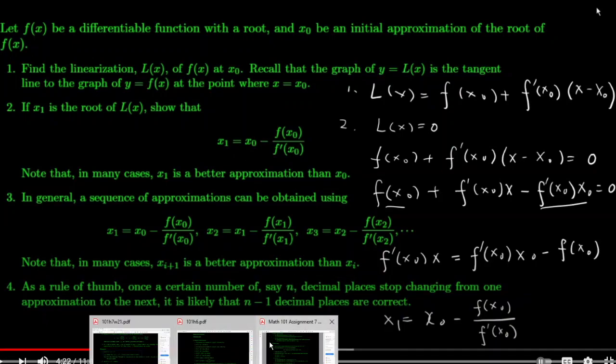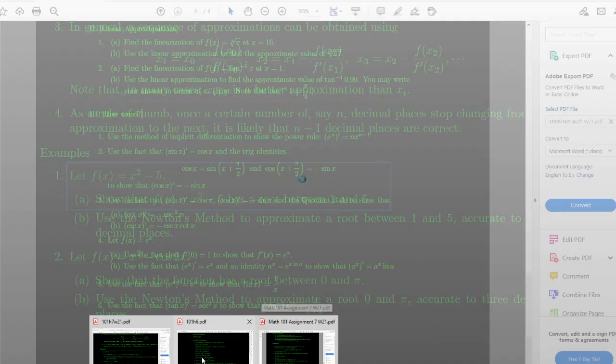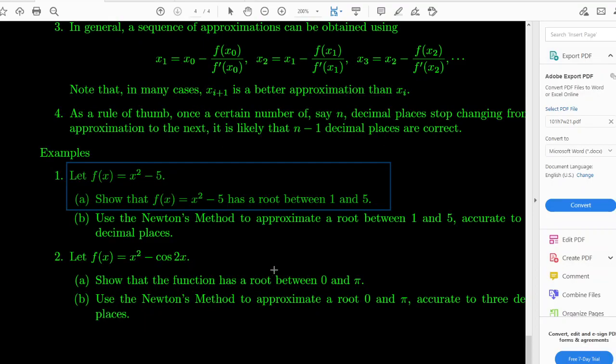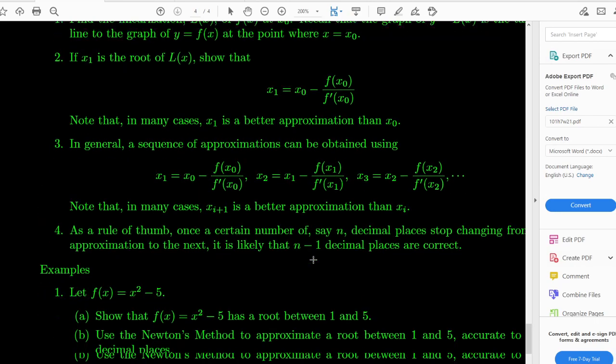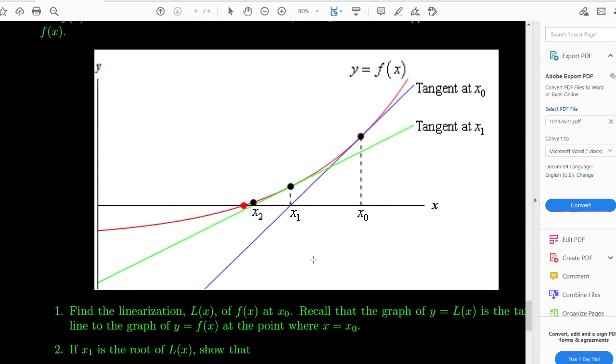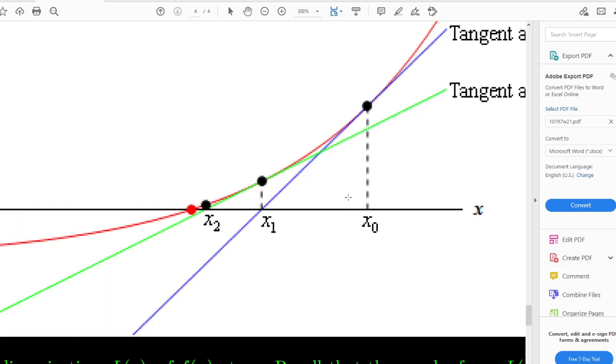So maybe now let's look at the thing graphically. I have too many things open right now. Okay, now you look at the graph in here. x0 is the initial estimate, and then the root of the linearization is x1.